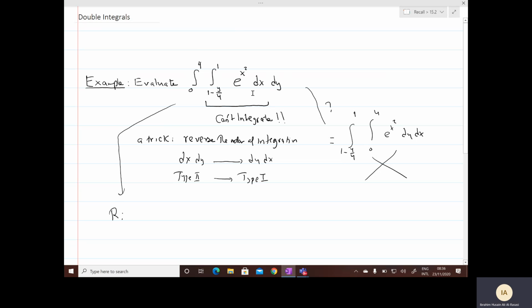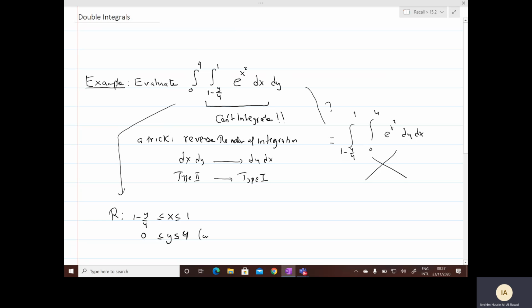Well, R: what are the limits of x? x is between 1 minus y over 4 and x equals 1. What about y? The y interval, dy will go from 0 to 4.